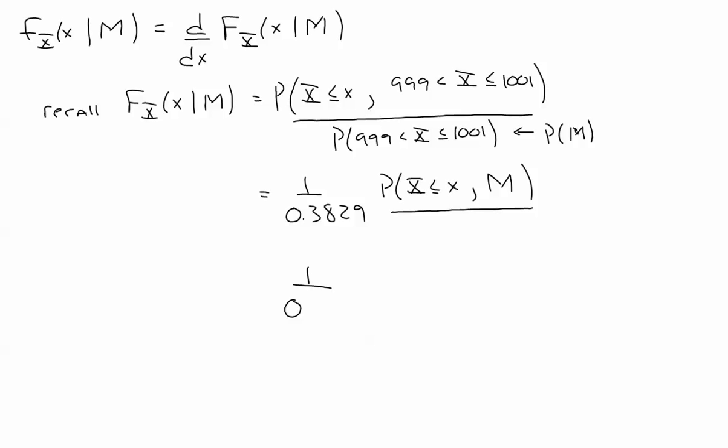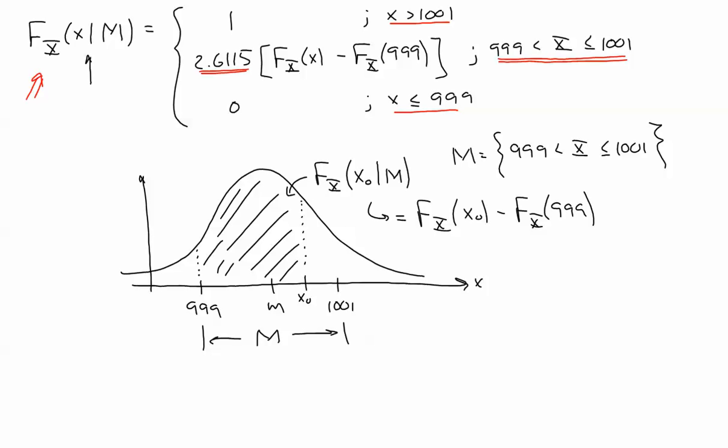1 over 0.3829 equals my 2.611 value. Okay? That's what that is. All right. Next question is, what is my cumulative distribution function evaluated at 999?